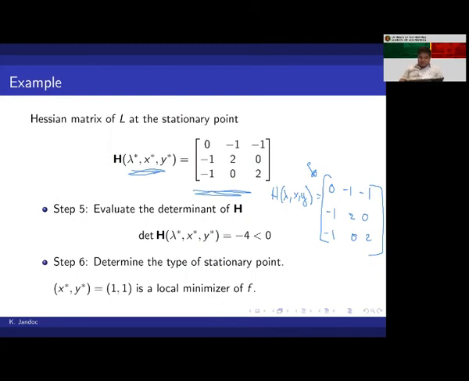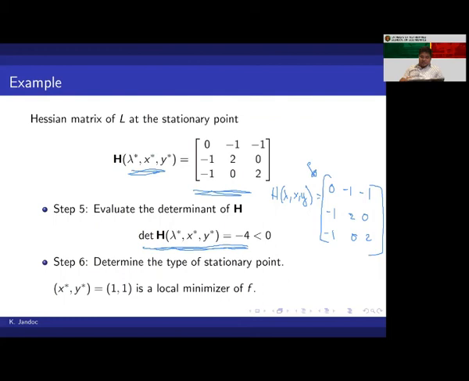Great. So the next step, step 5, is to determine whether it's a strict local minimizer. What does the theorem say? You have to look at the determinant of this Hessian matrix. You can check it by yourself, but the determinant of this Hessian matrix is equal to -4.